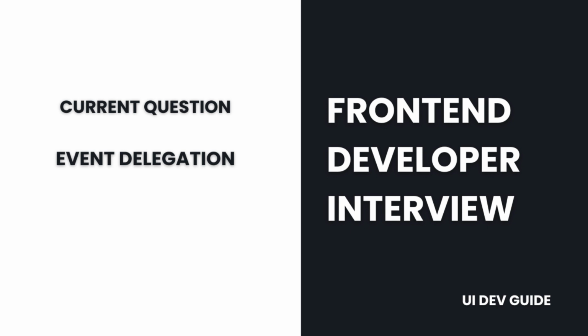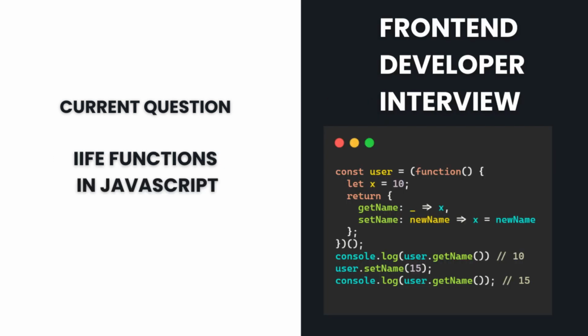Okay, so what is an immediately invoked function in JavaScript? If you write a function and add parentheses after that function, then you are invoking that function immediately, wherever you are defining it, rather than calling that function somewhere else to execute it. Okay, any other use of this?